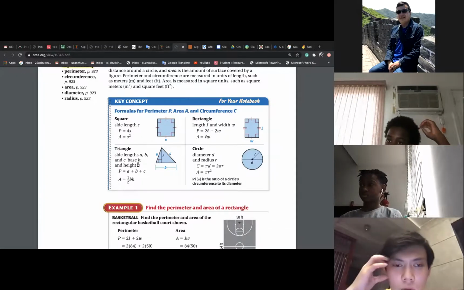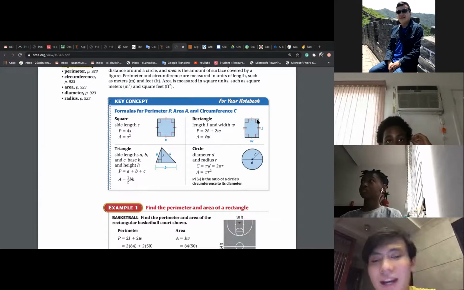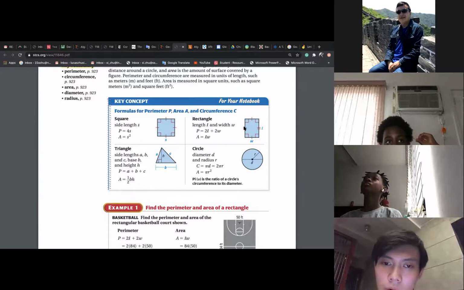Okay. So basically, a rectangle is similar to a square. It has four right angles, so all the angles are congruent, but the sides are not. It's the same thing, but you just multiply the two sides together: L times W, like the base times the height, which gives you the area formula.